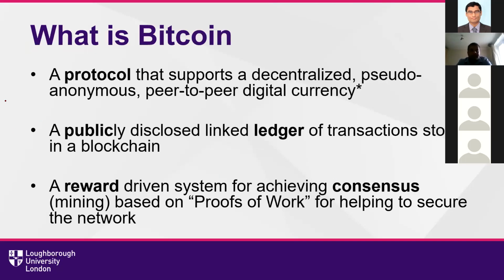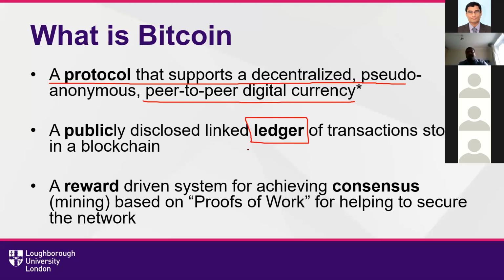What is Bitcoin? It is a protocol. The protocol supports a decentralized, pseudo-anonymous, peer-to-peer digital currency. Another important aspect is that it has a publicly disclosed ledger, because there's no central authority.